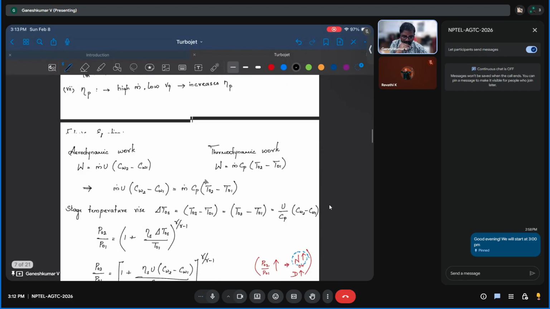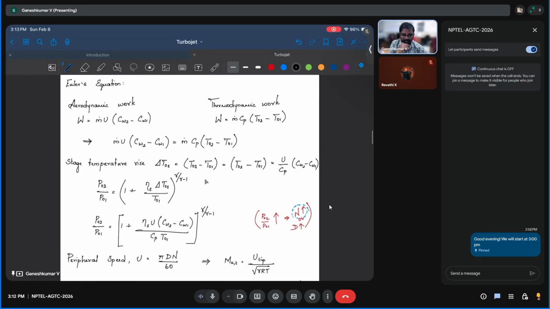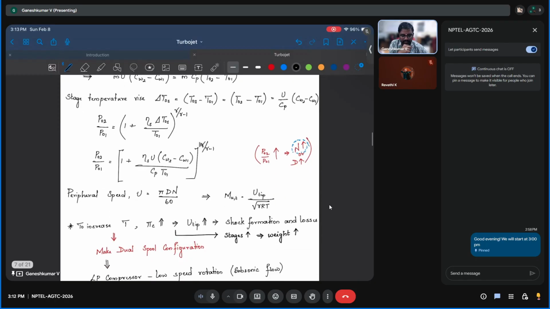And finally, we understood why we have to go from a single spool to a dual spool engine. Sometimes you want very high pressure ratios, but an increase in pressure ratio also leads to an increase in temperature, and the velocity increases.